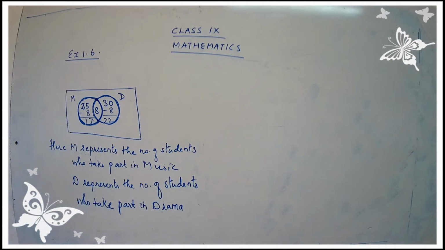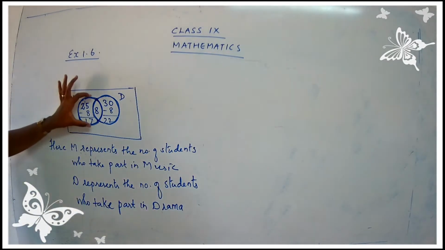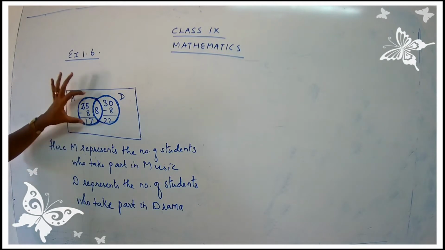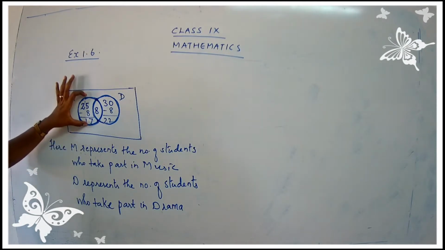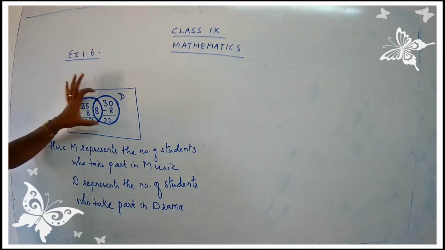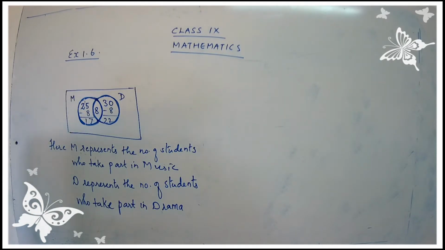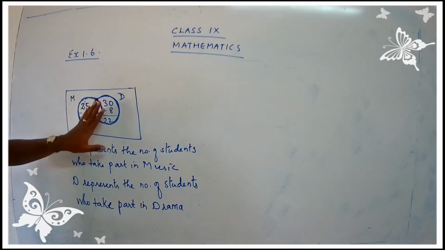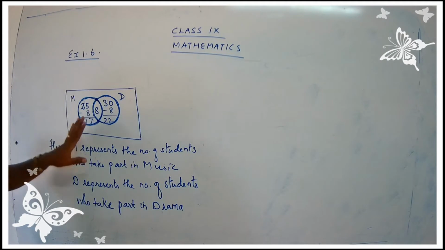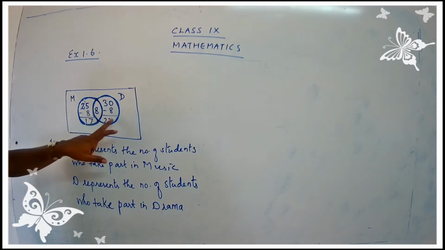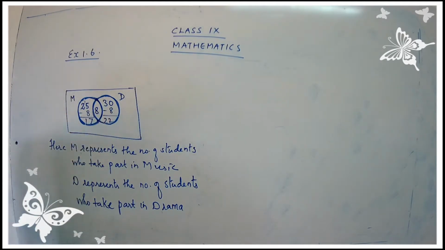That means this part, like a shape, is like a crescent moon. You can see the shape of a moon over here. So this part shows only the number of students who take part in music, and this part gives you only the information of students who take part in drama. I'm not going to take the common part. I don't want the common part, so I'm subtracting 8 from here.